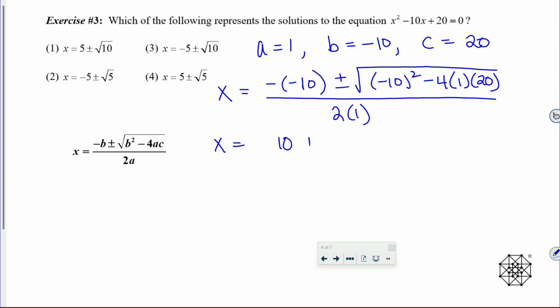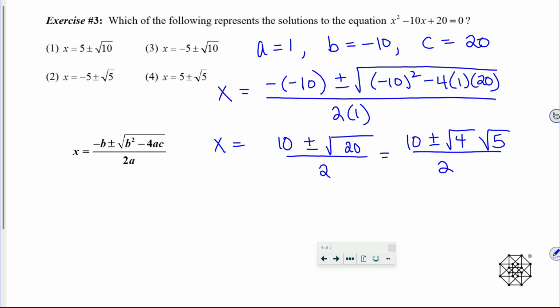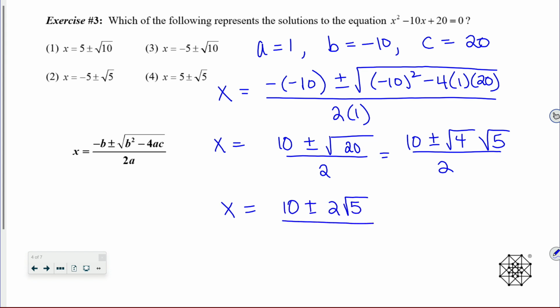Negative 10 is just positive 10 plus or minus. There I would have 100 minus 80, which is just 20 underneath the radical, all divided by 2. That's going to be 10 plus or minus the square root of 4 times the square root of 5, all divided by 2. That's now going to be 10 plus or minus 2 root 5 over 2.